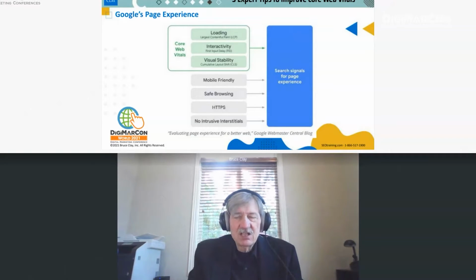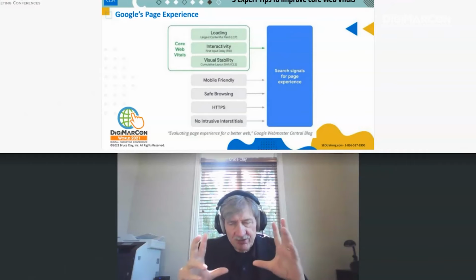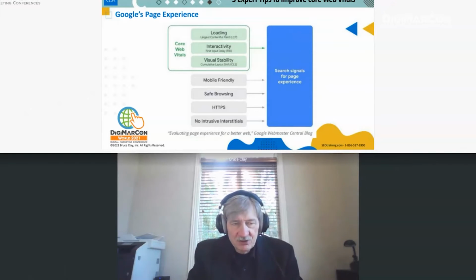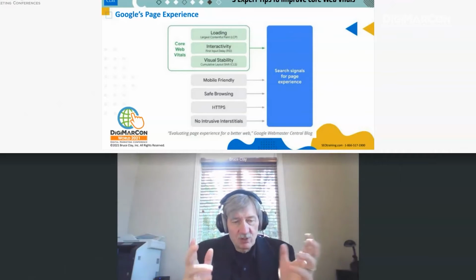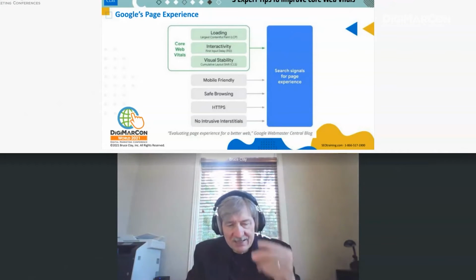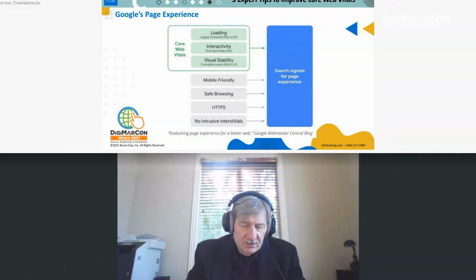It's a significant trust signal. And intrusive interstitials. Those are those little things that pop up as soon as you go to a website that says, what's your zip code? Or do you want to subscribe to my newsletter? And they pop up instantly. And those are clearly a problem.